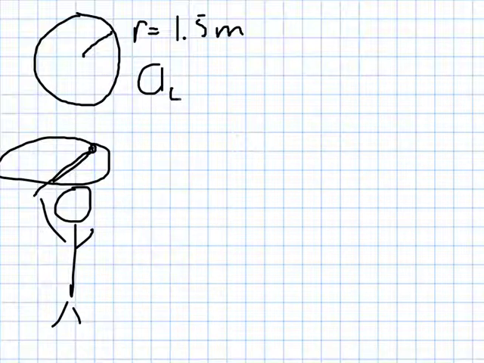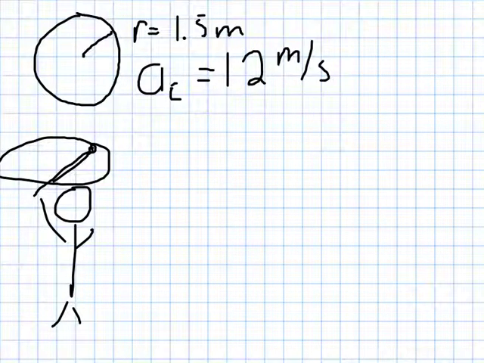There's my radius, so r equals 1.5 meters. And I know that the maximum acceleration I can take, that's a_c, centripetal acceleration, is 12 meters per second squared. And I am trying to solve for the speed.